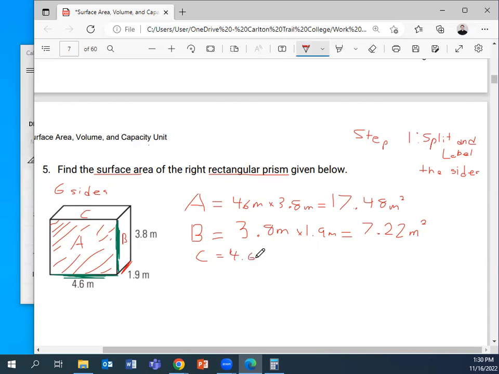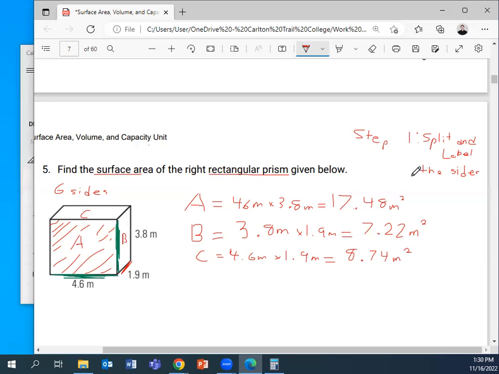Sorry about that, Austin. Brain's not firing on all cylinders here. 4.6 meters times 1.9 meters. What's that going to give me? 8.74 meters squared. Perfect. Okay, cool.